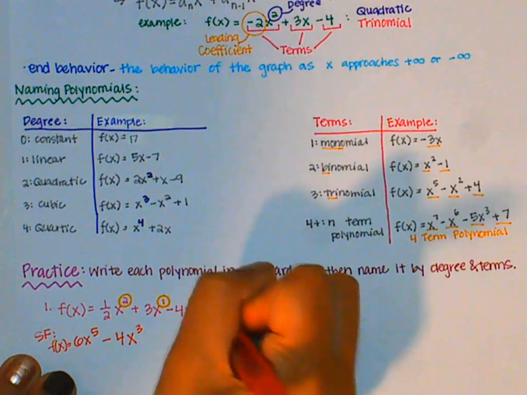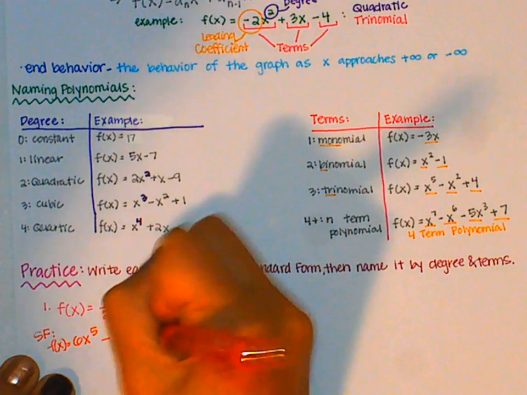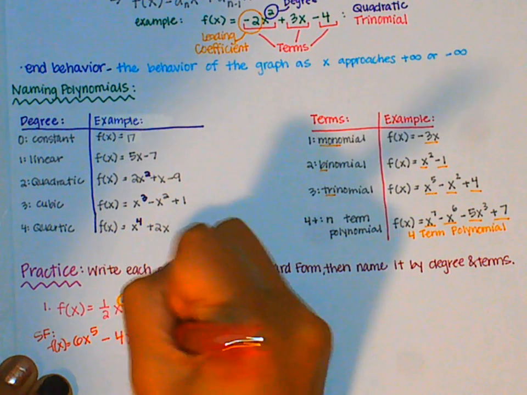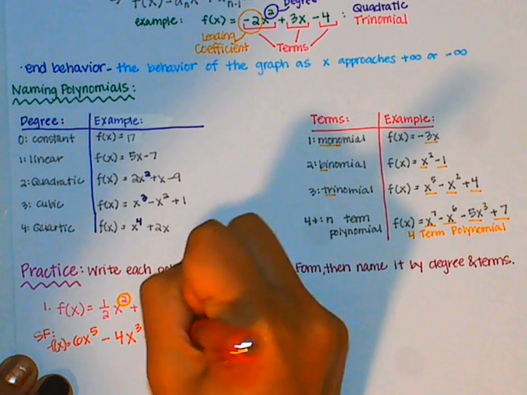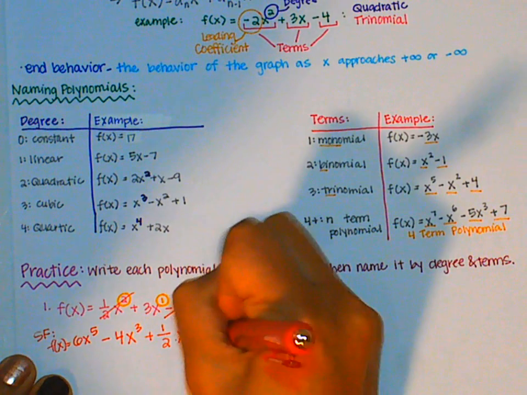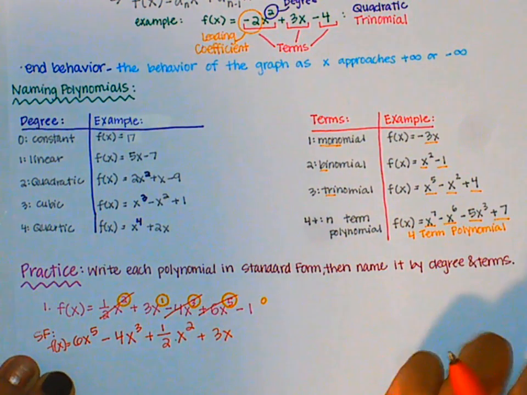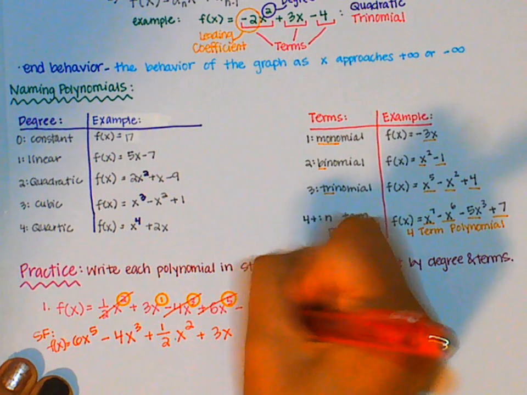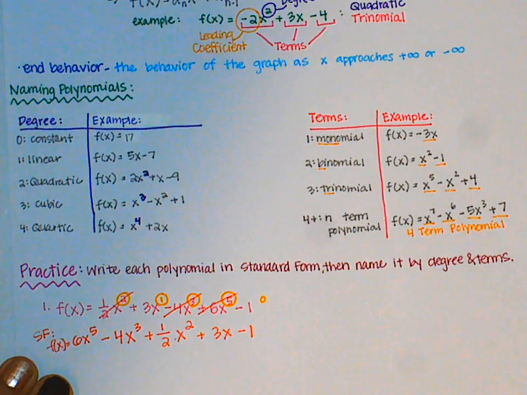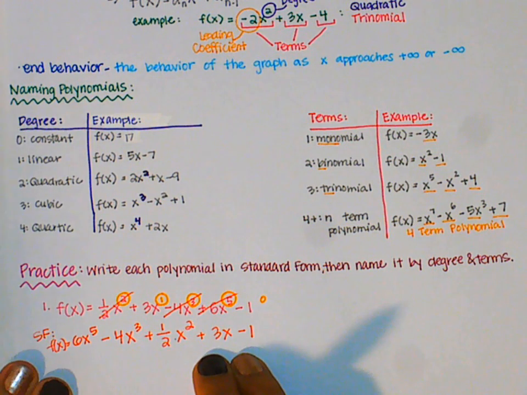I'm going to go ahead and cross that out. I'm looking at the 2 and the 1, so I'm going to take that 2, plus 1/2 x squared. Go ahead and cross that out. Plus 3x. And you can write the exponent of 1 if you want to. I'm not going to. And then lastly, minus 1.